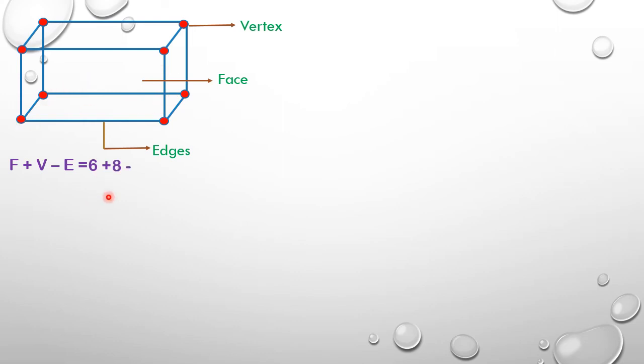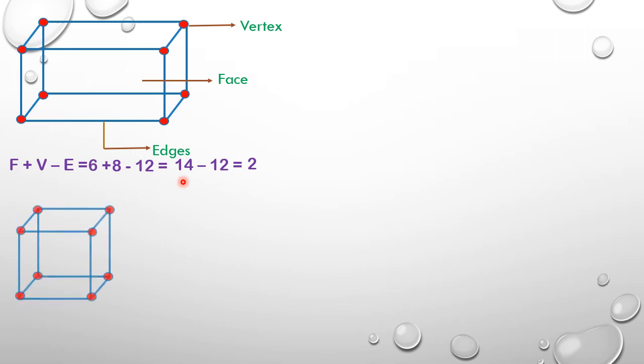So plus 8, then minus E. How many edges? In the upper part 4, the bottom part 4, and the sides 4 lines, so totally 12. So 6 plus 8 is 14, minus 12, equals 2. Now we will check for another 3D shape. This is a cube.